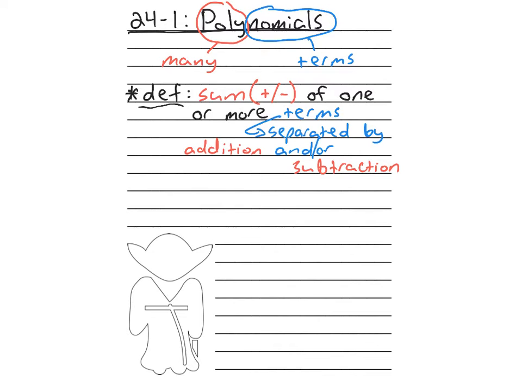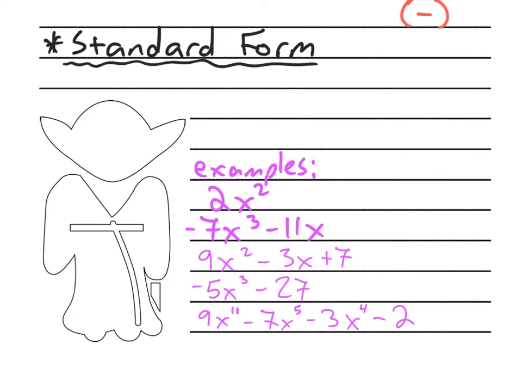So again, you can tell that you're moving from one term to the next, the first to the second to the third term, by seeing them separated by an addition sign or a subtraction sign. Okay? That separates terms.